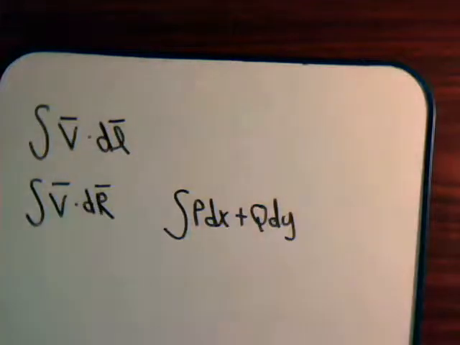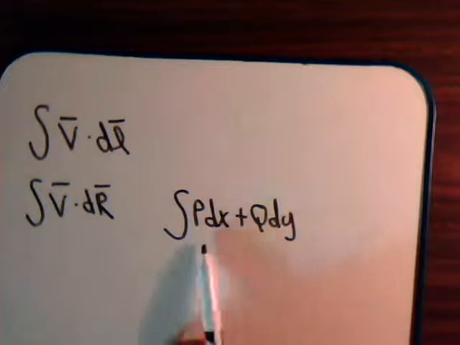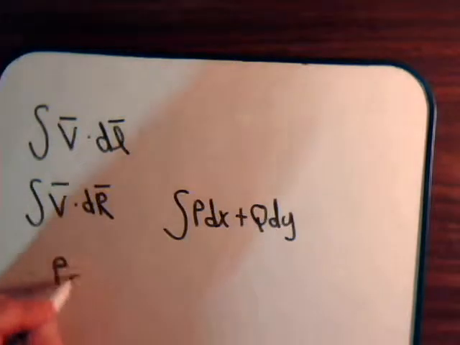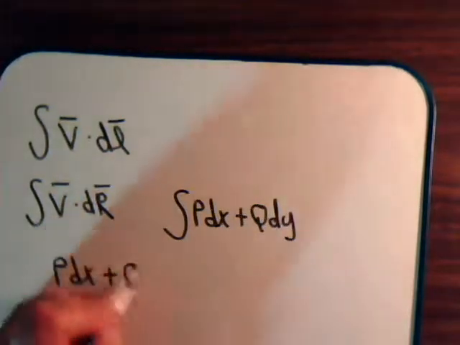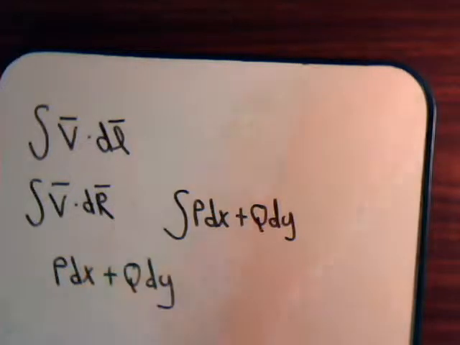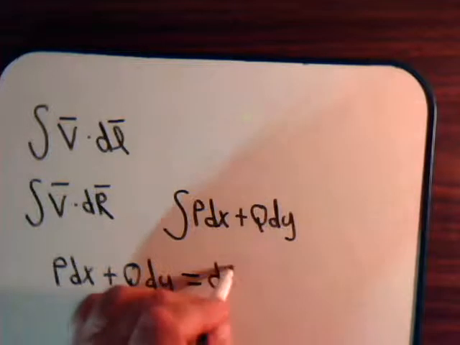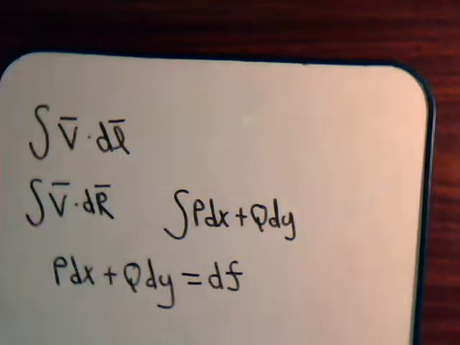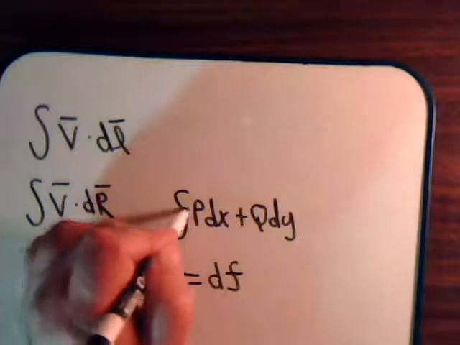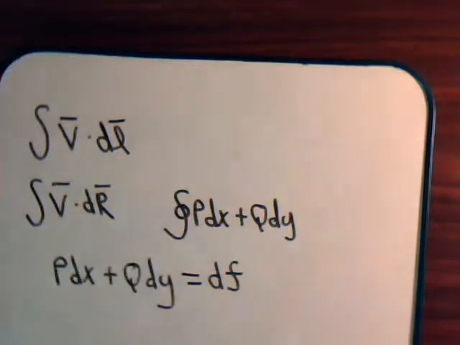And again, back in our introductory video, we derived this from this. But what we established in the past two videos when we were discussing exact differentials in line integrals is that if this is an exact differential, meaning that p dx plus q dy is the differential of some function f, and again, we discussed this in a lot of detail in the previous two videos, when this is true, the closed line integral is always 0.